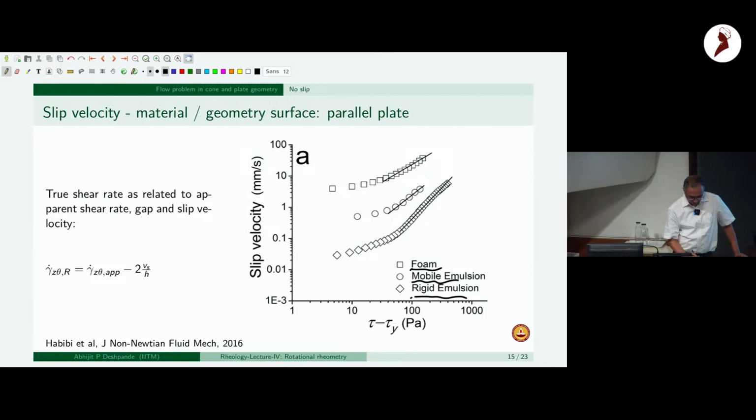What is being proposed is that you do this again in parallel plate. In a cone, examining whether you have slip may be difficult without direct flow visualization. But in parallel plate, by changing the gap, since there is a slip velocity, the real shear rate and the apparent shear rate are related to each other through a constant slip velocity.